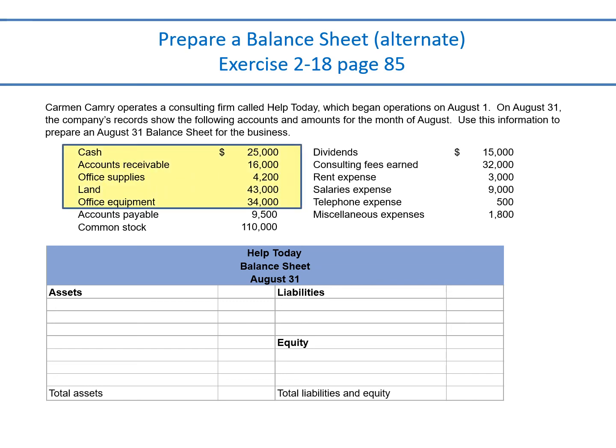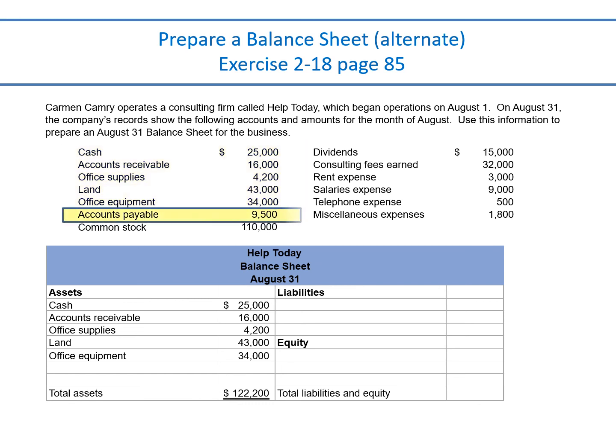All right, so cash, AR, office supplies, land, and office equipment are all asset accounts. So those all belong here in your first section. Total assets of $122,200.